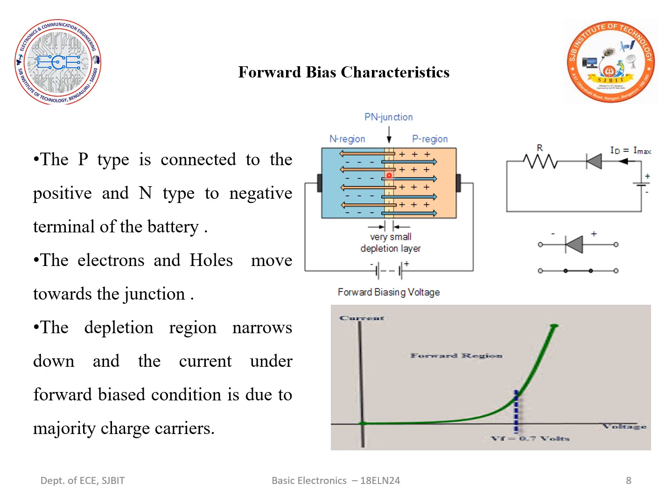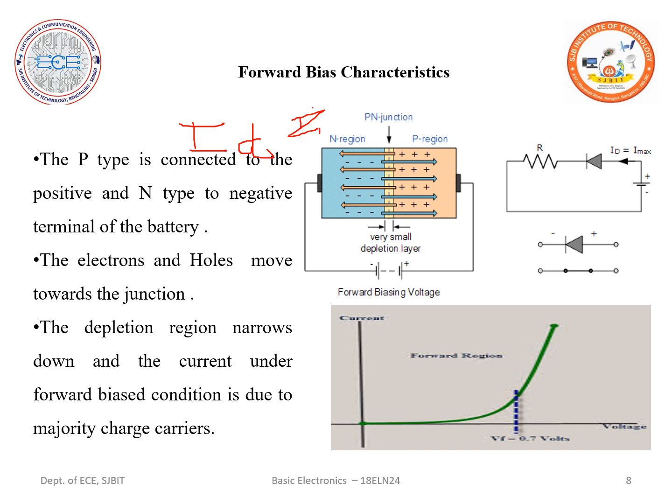Now, since there is a movement of electron and hole pairs, there is a flow of current, and that current we call the forward current, which is represented by ID, or it is also called IF.